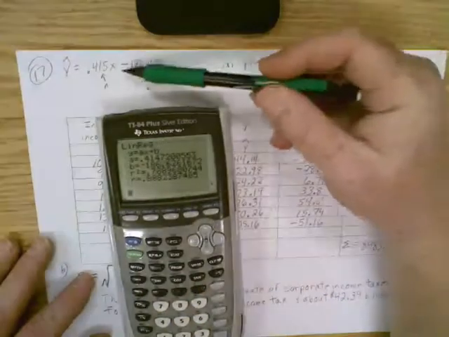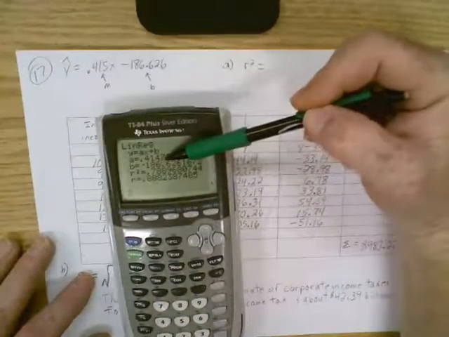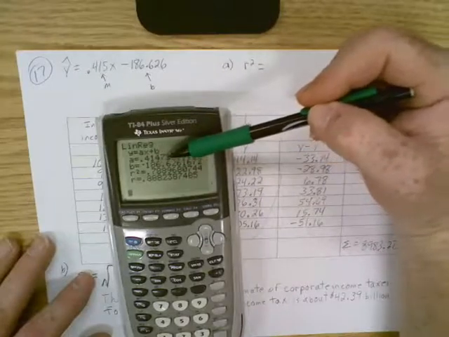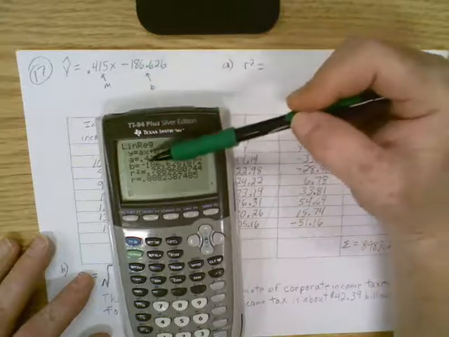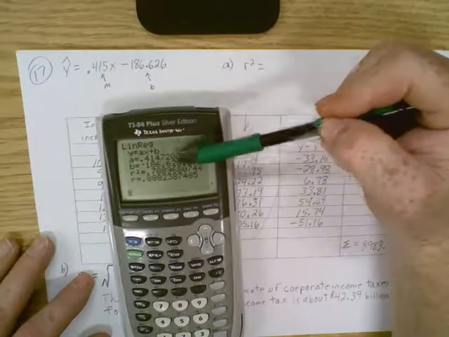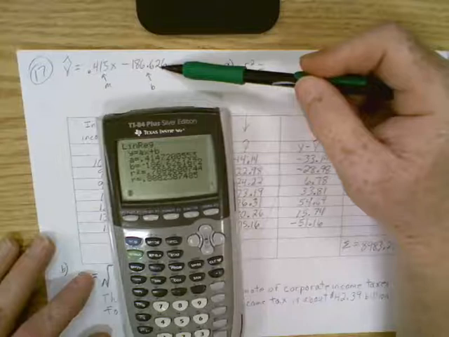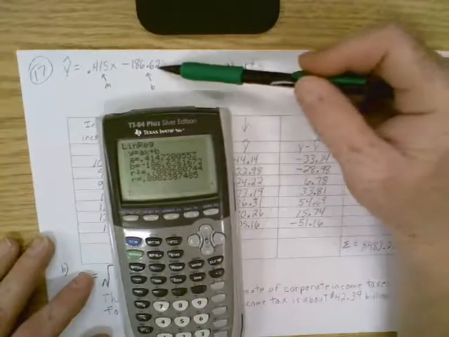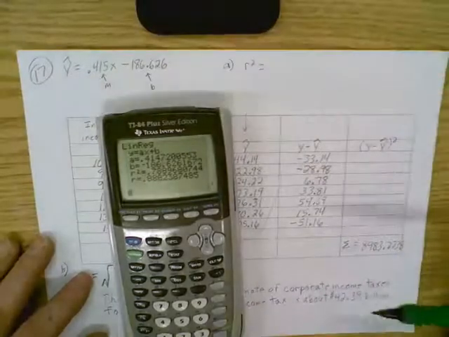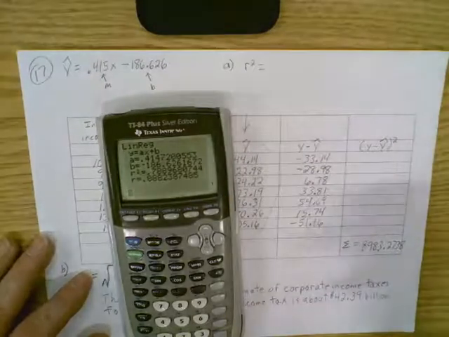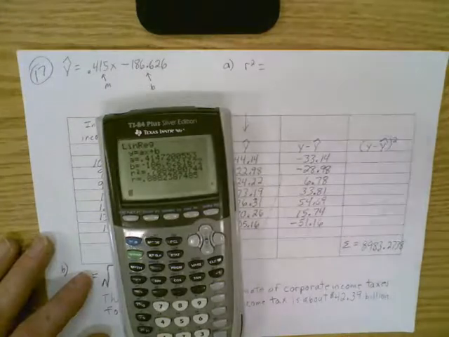We'll notice here our A is 0.4147. That's that slope right there. That's where they came up with it. Then our B is negative 186. Same number is right here. So we could have used this and got our regression line equation ourselves instead of them giving it to us. And you should be able to do that.